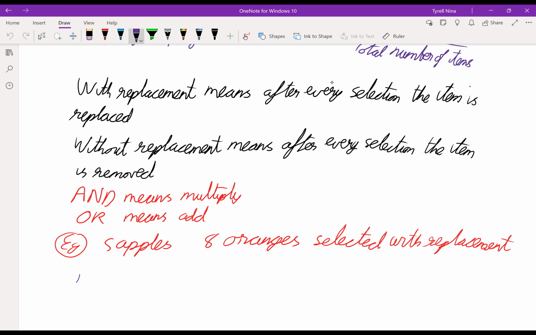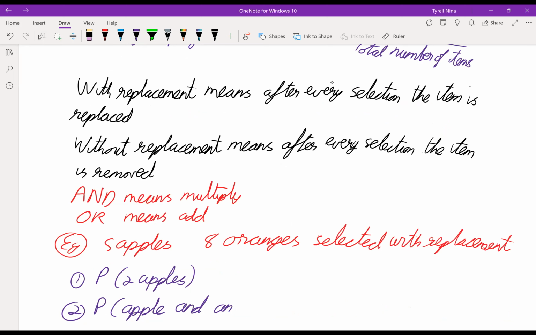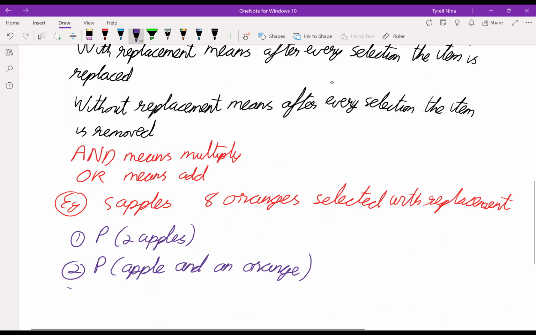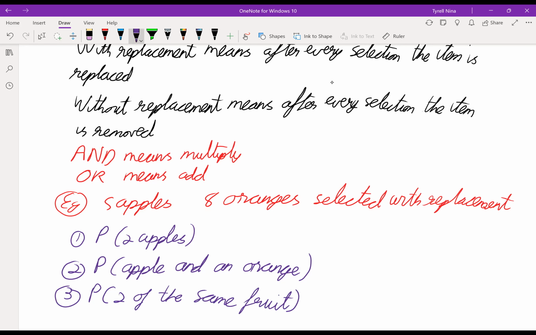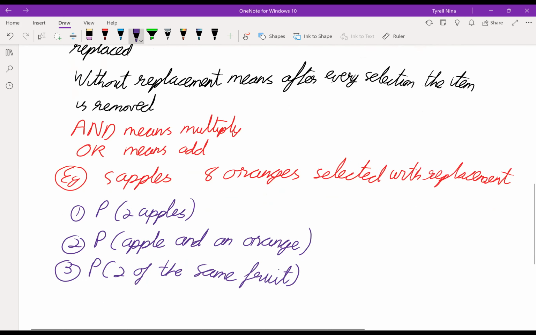Find the probability of 2 apples, the probability of an apple and an orange, and the probability of 2 of the same fruit. You're picking 2. All right, so take a couple minutes, try it.